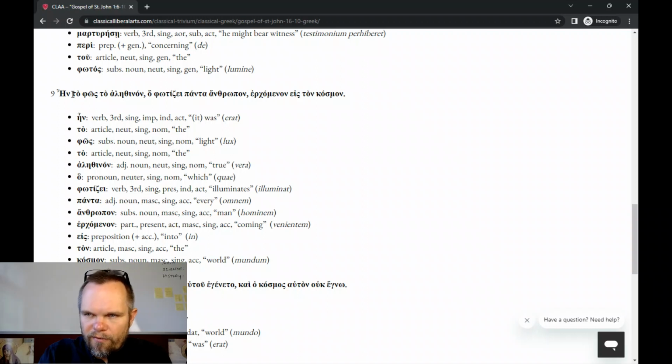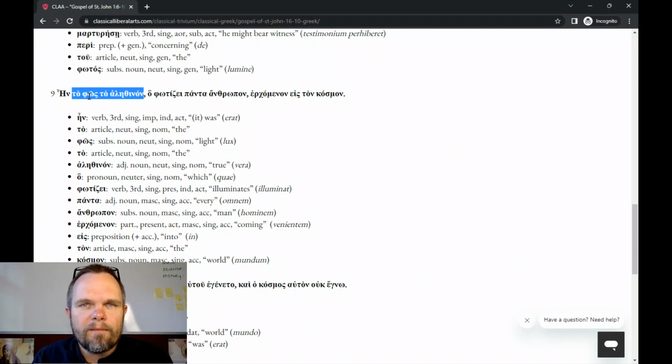So we've got this phrase here. You've got the article repeated, and the article gets repeated simply to show us that this adjective, alêthinon, is referring to this substantive, phôs. To phôs, to alêthinon. And in English, we could translate this literally if you want to.